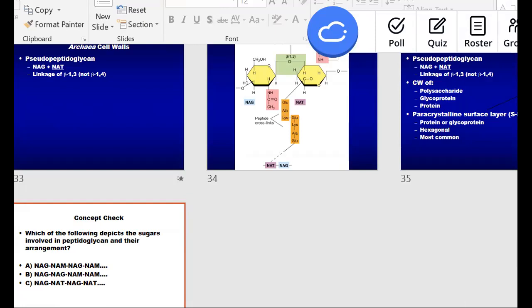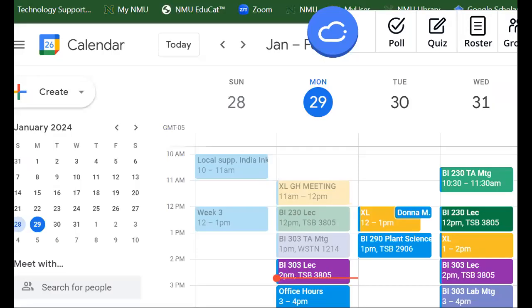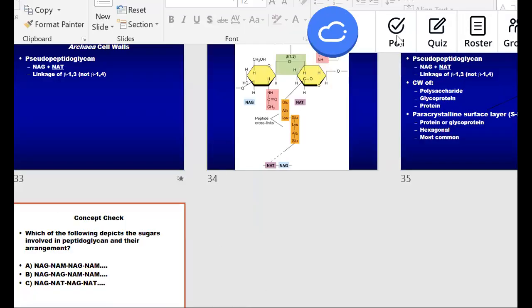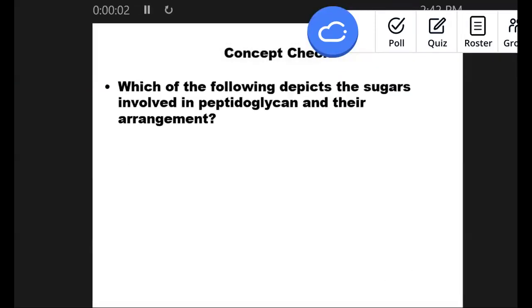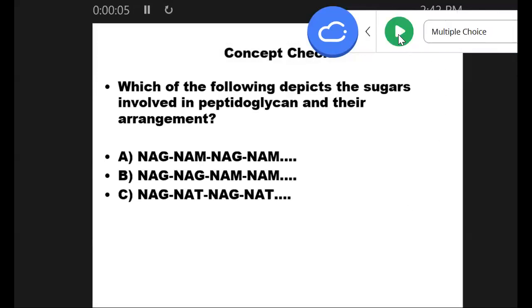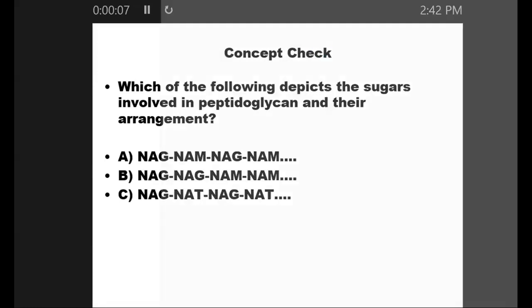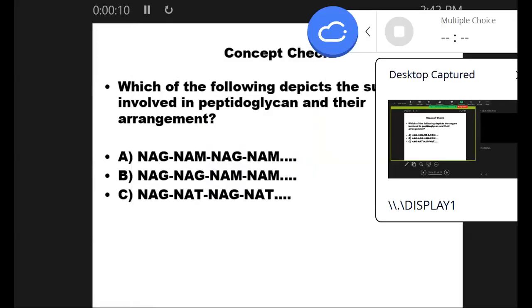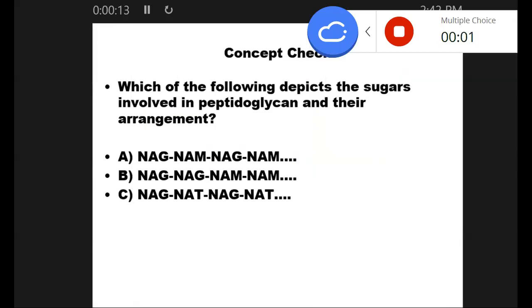Oh, my computer really does not cooperate. All right, I'm going to do it this way. Let's see if this works. Are you able to get in? Okay. Which of the following depicts the sugars? And you can look at your notes. See if this one's going to work. More of an attendance participation point.